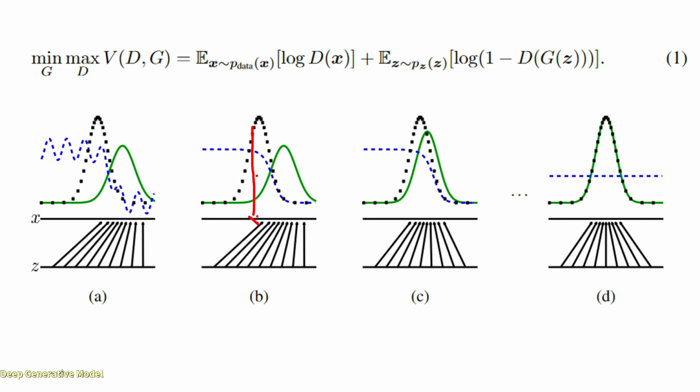By fixing one x here, although this one seems to be more likely to be a real image, it is not 100% because it has some small chance to be from the generated, the fake one. Same thing happens right here.